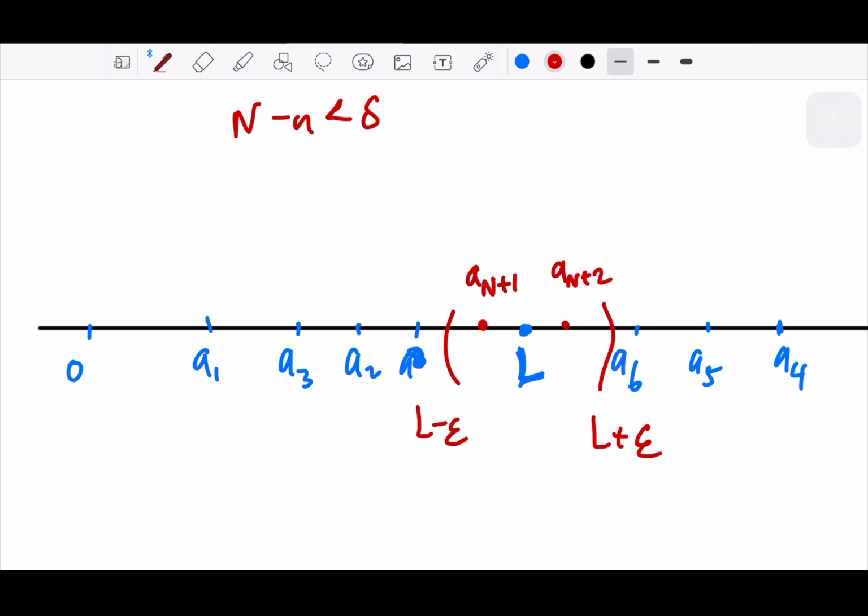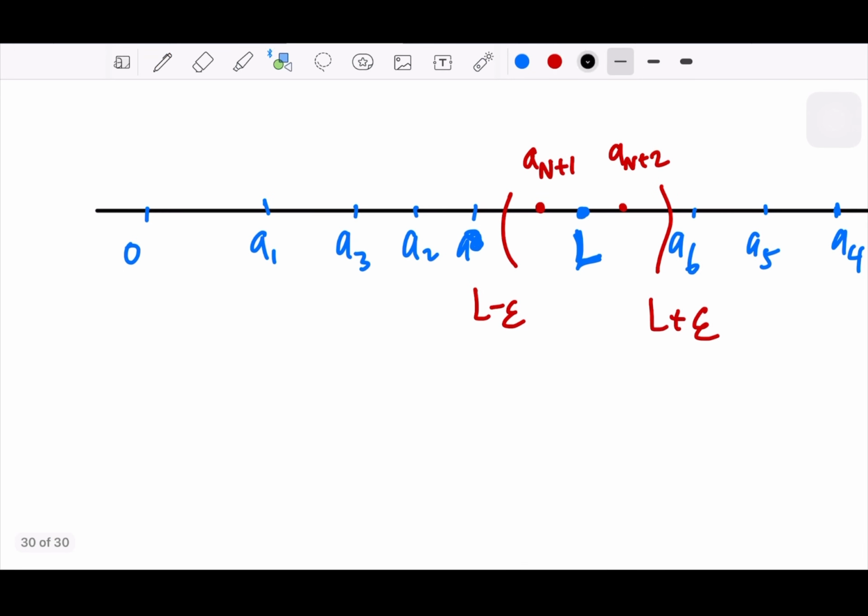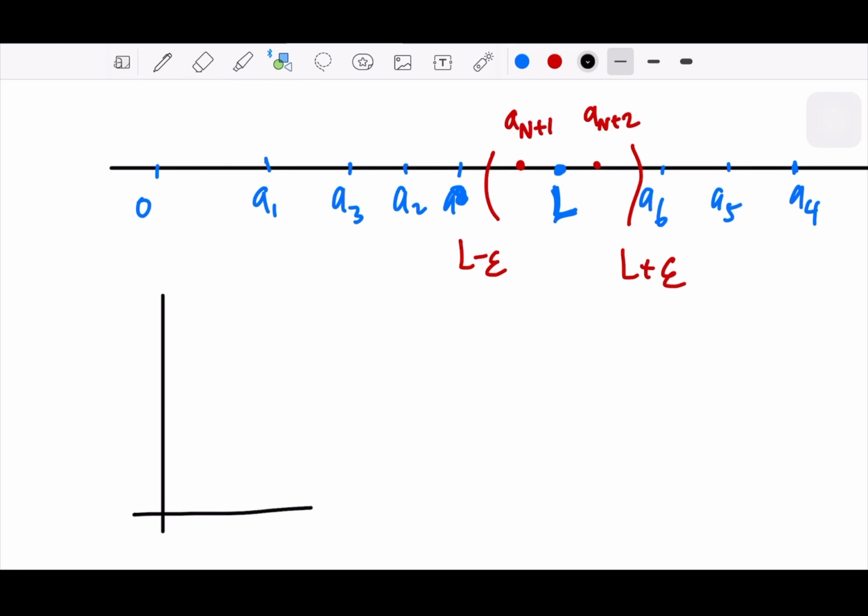Or maybe if this is confusing, let's look at the Cartesian plane.